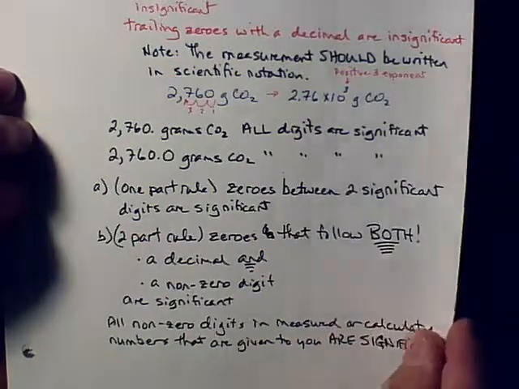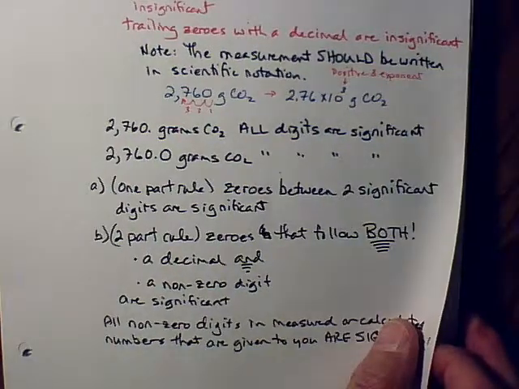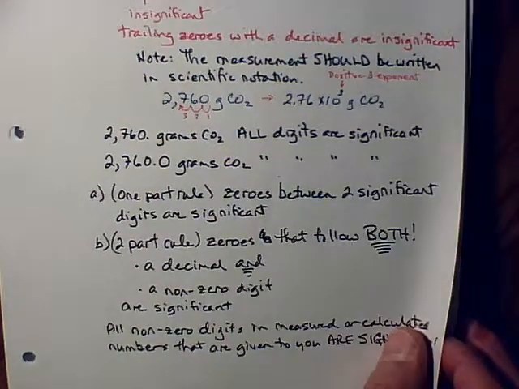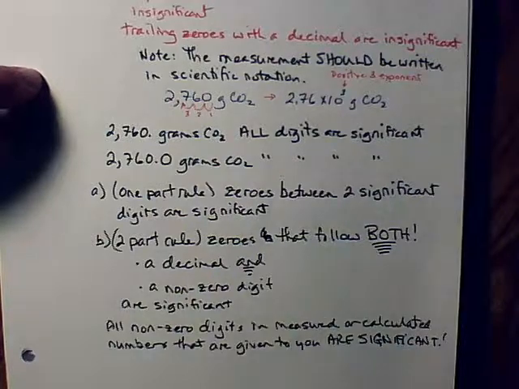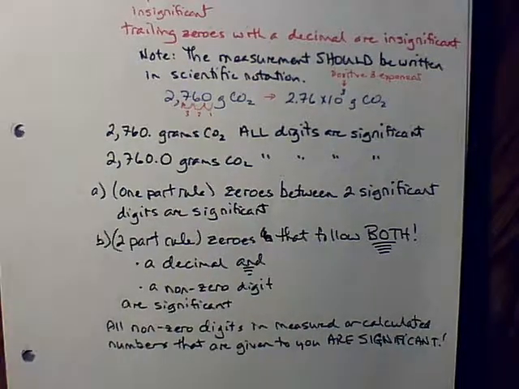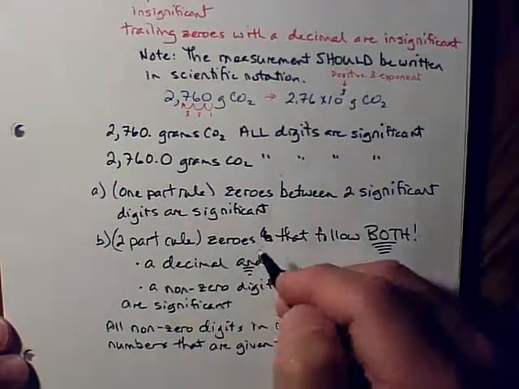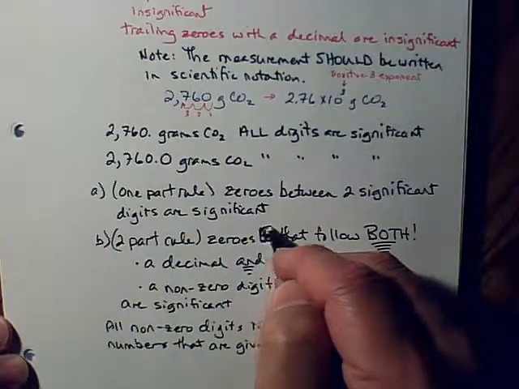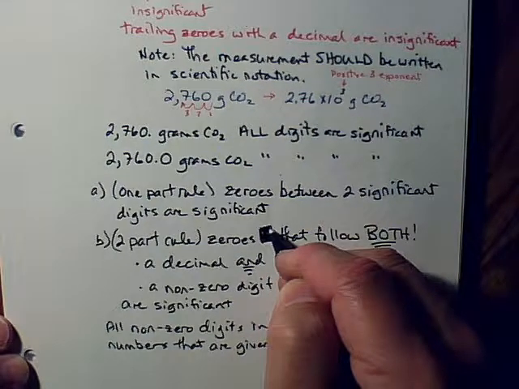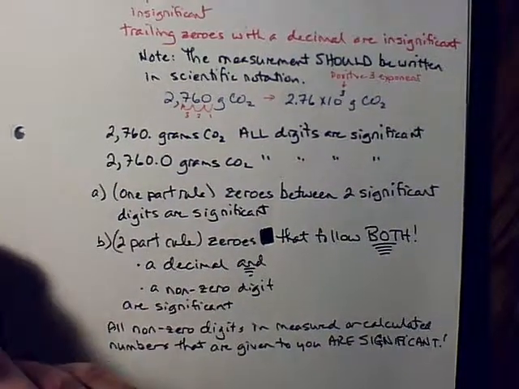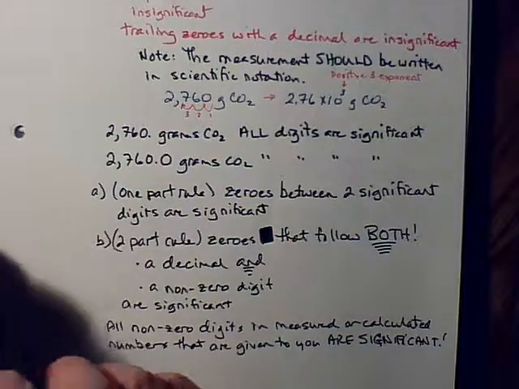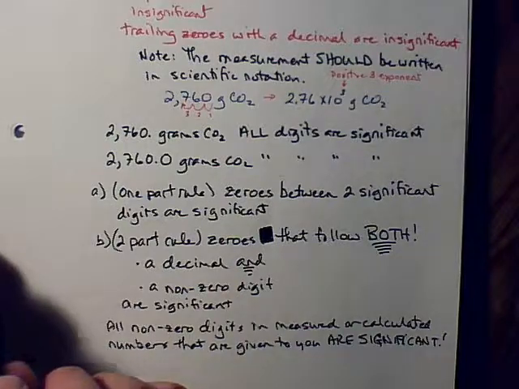All right, now that's just significant digits for numbers that are given to you. Okay? Has everybody got these notes? Wait, so 14, okay, so there were the ones for numbers that are given to you.